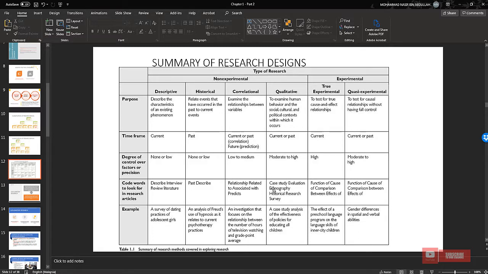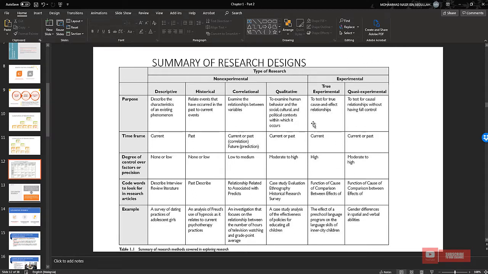The keywords to search for the research article are case study, evaluation, ethnography, historical research, or survey. An example of qualitative research is a case study analysis of the effectiveness of policy for education or children.